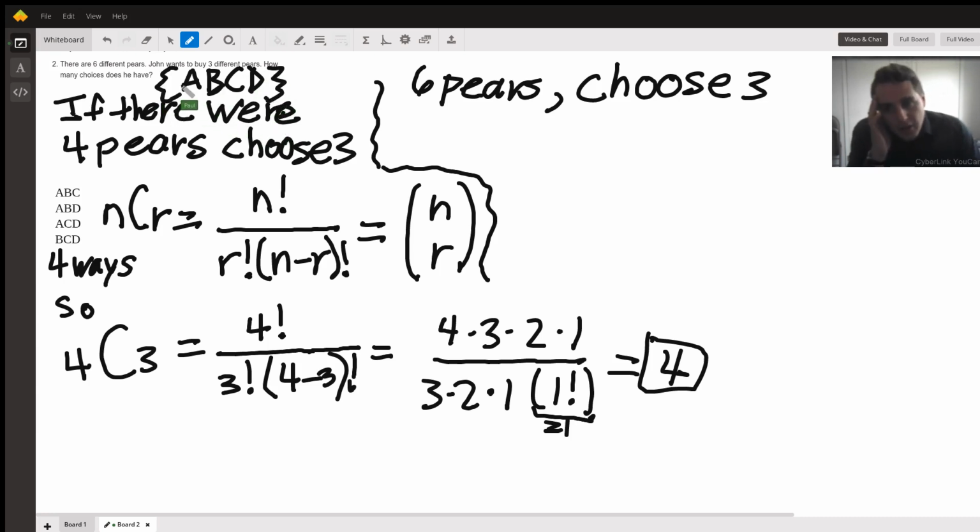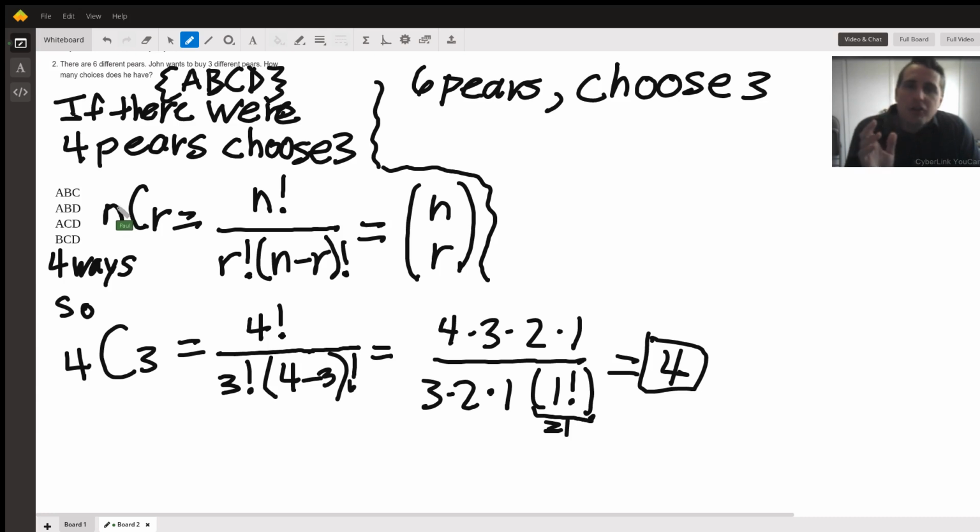So we could either choose pears A, B, and C, A, B, and D, A, C, and D, or B, C, and D. If you think about it, those are the only possible combinations. And the reason I say combinations is because that's exactly the word we want to use. This is what we're going to call a combination formula.